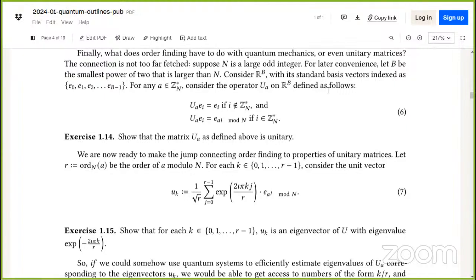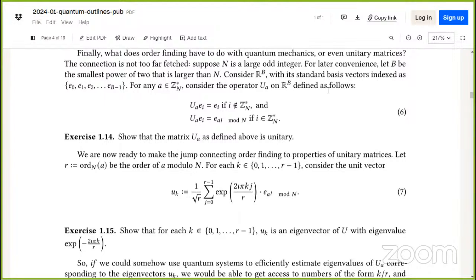By the way, what happens when k equals 0? What do we get? Exponential, you just get 1.